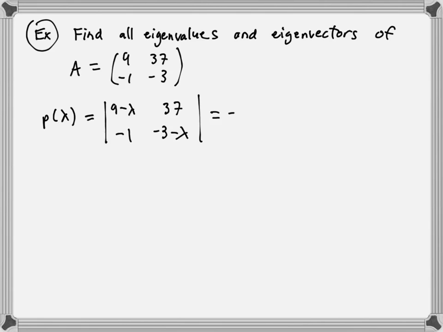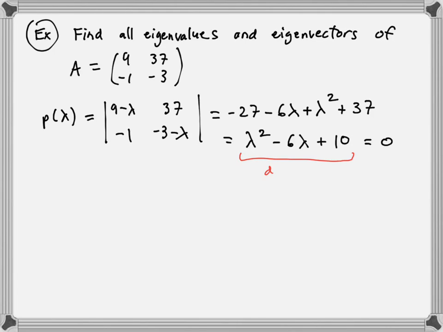You get -27, let's see, plus 3 lambda minus 9 lambda, that's minus 6 lambda, and then plus lambda squared, and then minus a negative is plus, so plus 37, which is the same as lambda squared minus 6 lambda plus 10. Now notice we want to set this equal to 0 and we want to solve it. However, if we try as hard as we want, this guy does not factor.